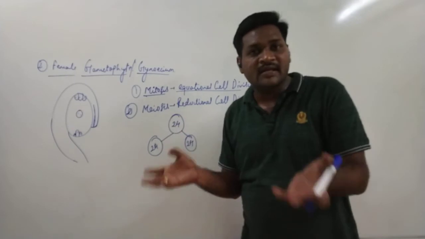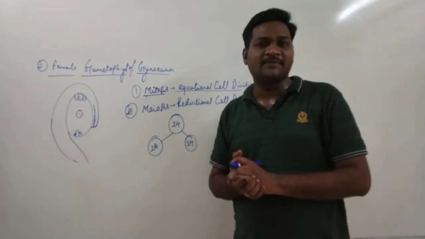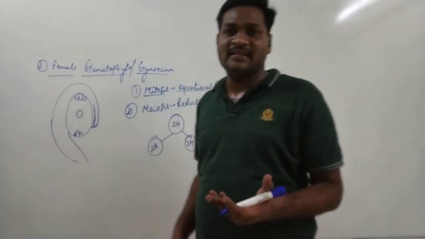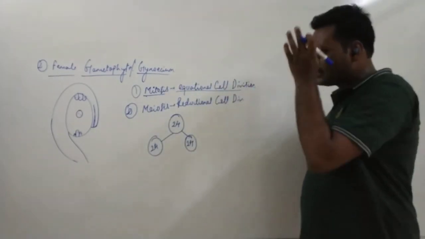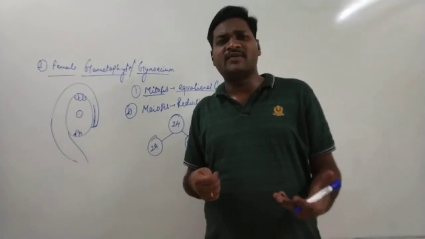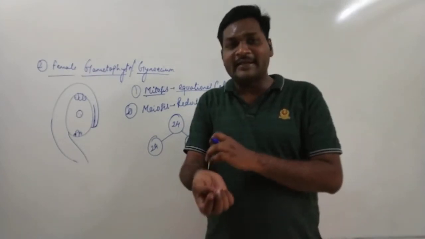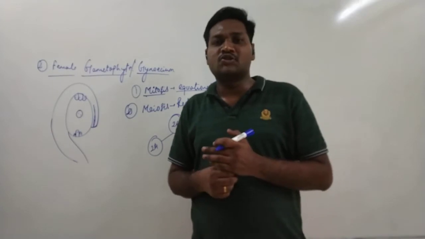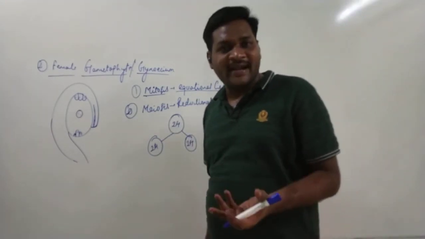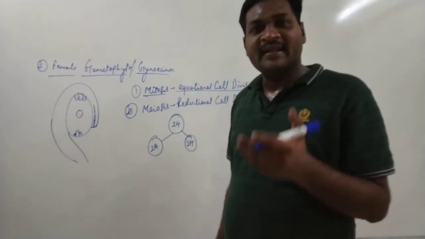Okay, now where does this mitosis actually take place? The mitosis takes place in the somatic cells. Okay, so somatic cells means what? The entire plant body, or even in case of animals also we see the somatic cell. Our skin tissue consists of the somatic cell. Apart from the sex cells, in the gonads they consist of gametic cells.